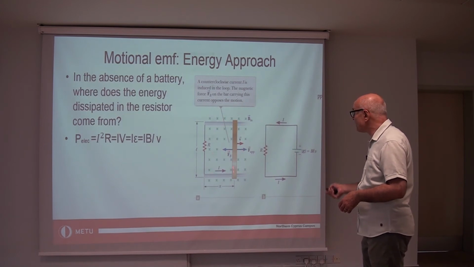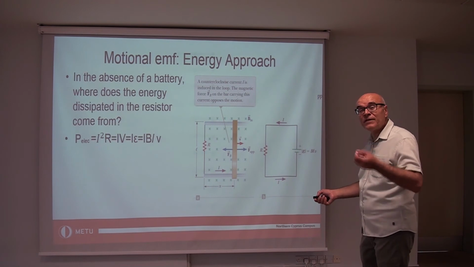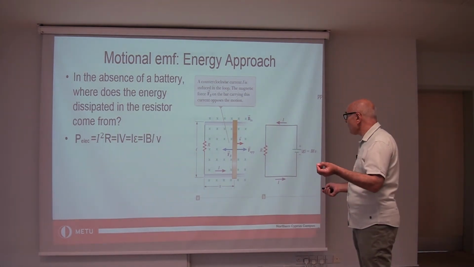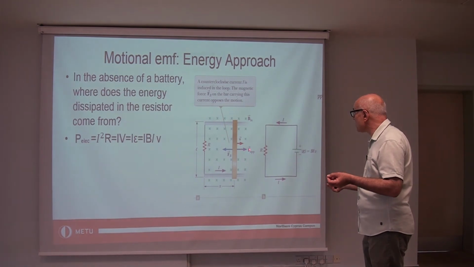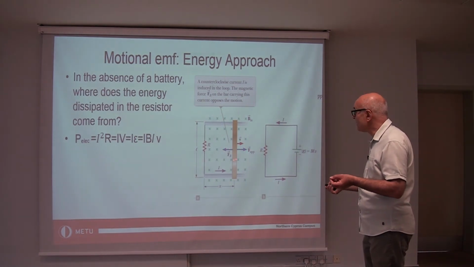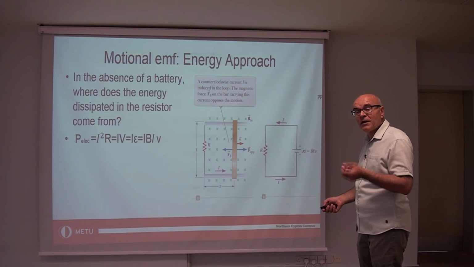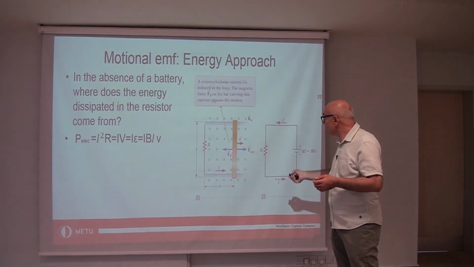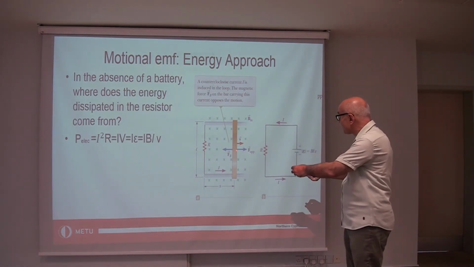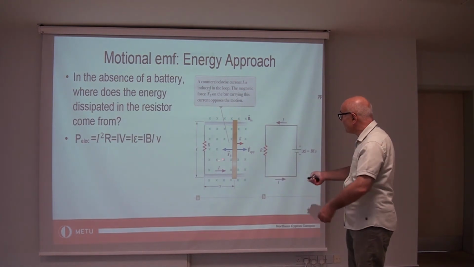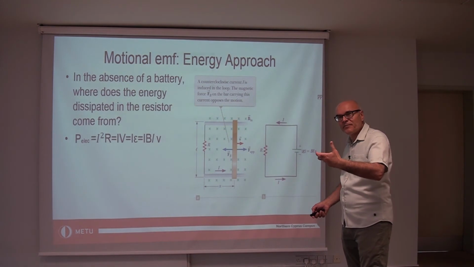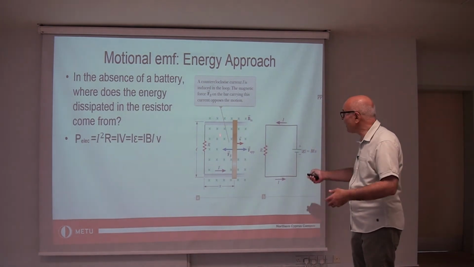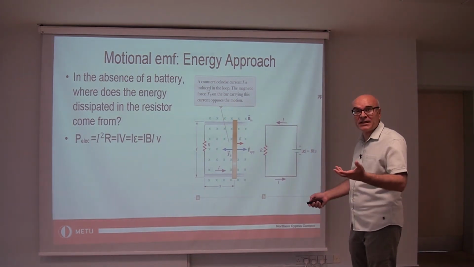Therefore, to keep this moving with a constant speed or a constant velocity, you must always apply a force equal and opposite to this magnetic force. What this means is that when you try to move this in the presence of a magnetic field, you feel a resistance. It's not just like trying to move it in the absence of the magnetic field.